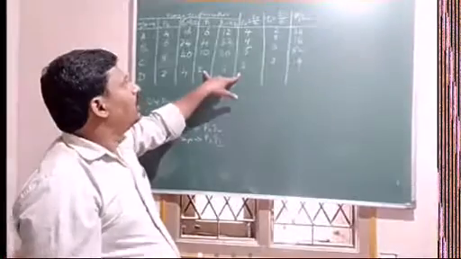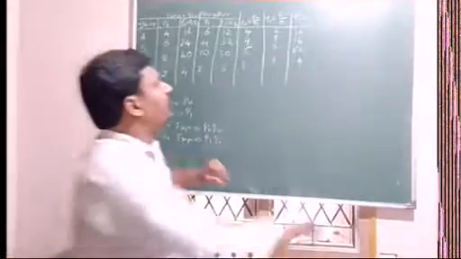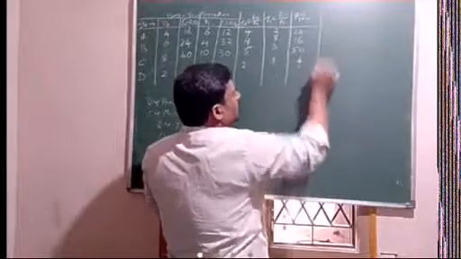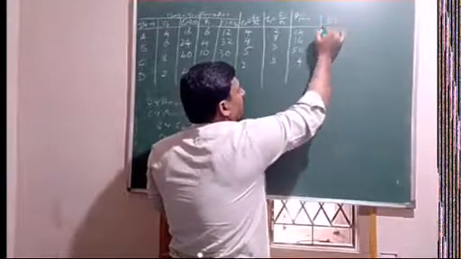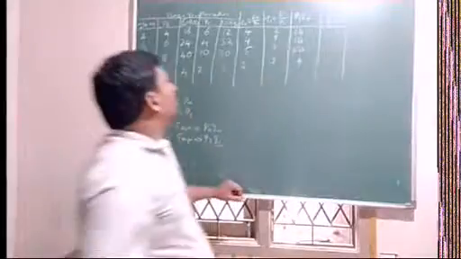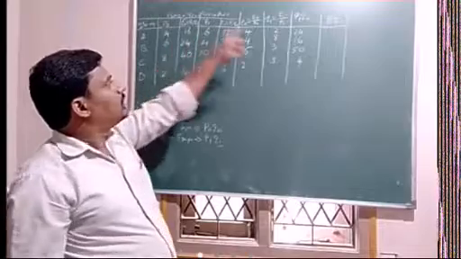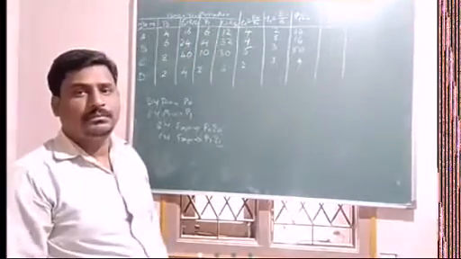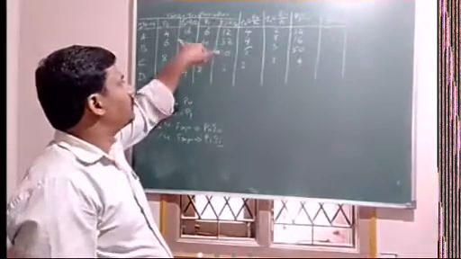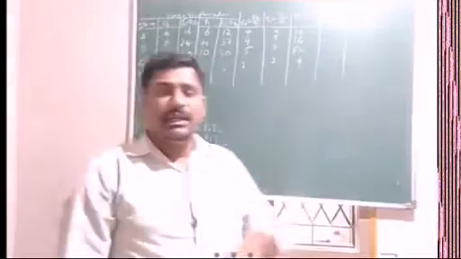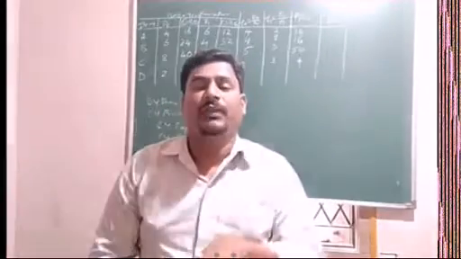Now next column, what do we have to identify here? P naught Q1. The P naught column is here, the Q1 column is here. Here it is not possible for me to keep two fingers, but in the exam hall, in a single paper you can keep your two fingers.